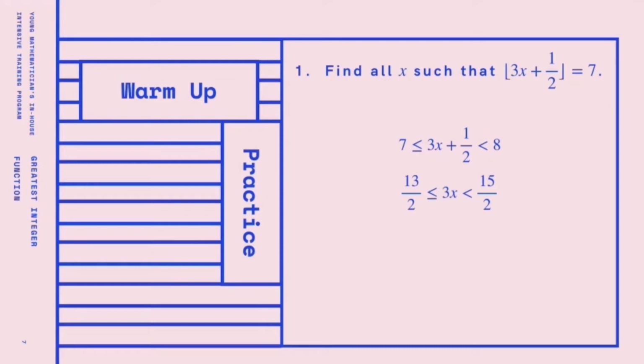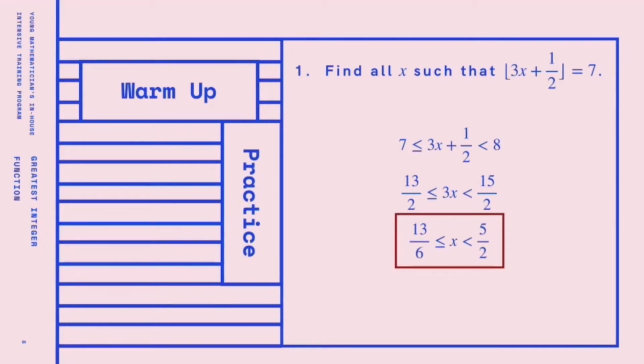Now to solve for x, we simply divide 3 to each part of our inequality. Dividing each part by 3, 13 over 2 times 3 is less than or equal to 3x over 3, but less than 15 all over 2 times 3. Now simplifying, we get that x is greater than or equal to 13/6, but less than 5/2. And that is our answer.